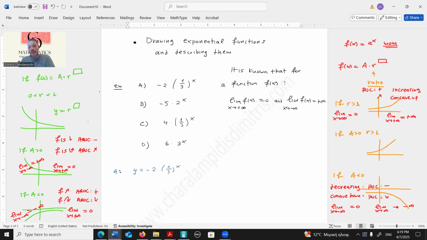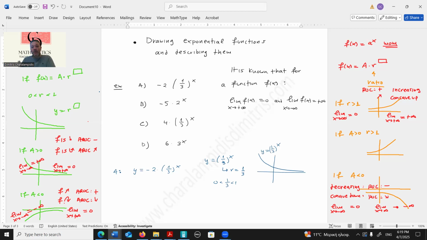Let's begin with the original function, which would have been 1/3 to the power of x. Here, we can see that the ratio is 1/3, which means that it's between 0 and 1. This means that my graph would have been like this. This could be the 1/3 to the power of x.